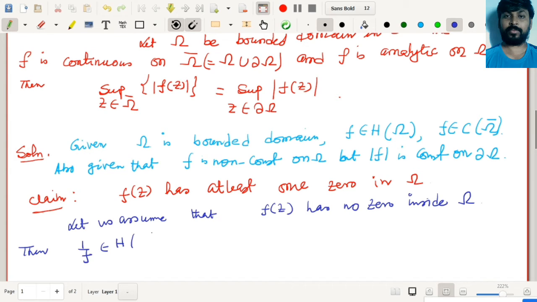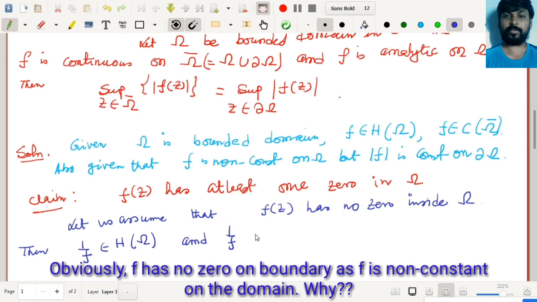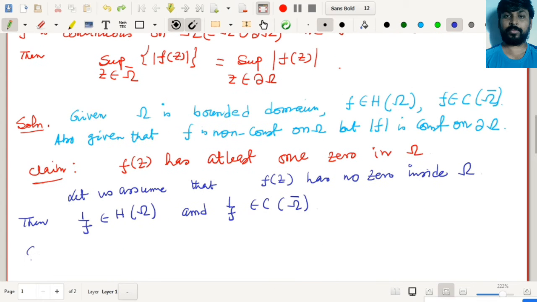Then obviously 1 by f is analytic on omega, and 1 by f is continuous on omega bar. Since omega bar is compact, why compact?